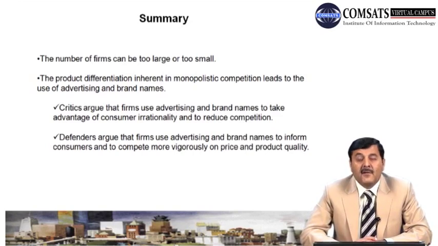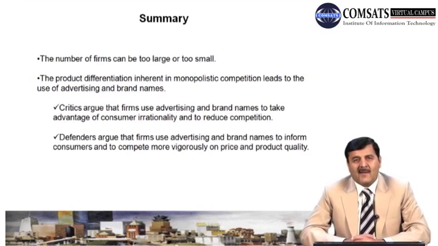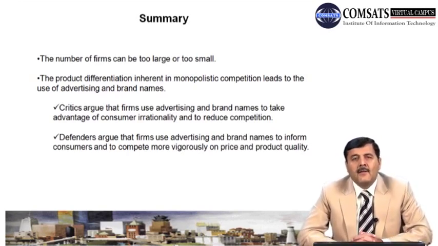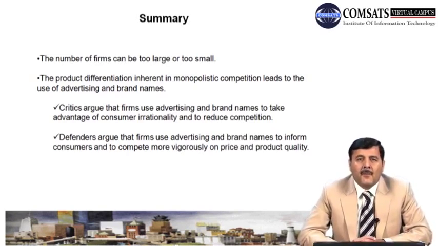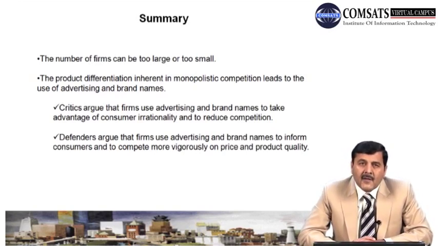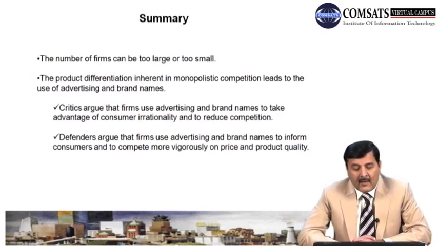So the product differentiation in monopolistic competition leads to use of advertising and brand. Since the products are different in case of monopolistic competition, there is a competition, there are large number of firms in the industry. तो क्या कर सकती हैं firms? They can make use of advertising and brand names to sell more, to earn more from their product.